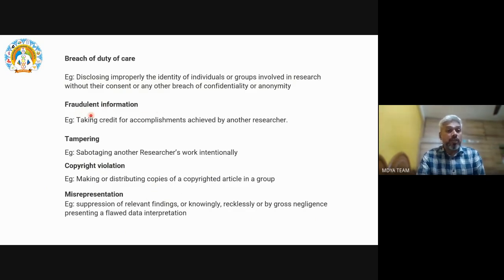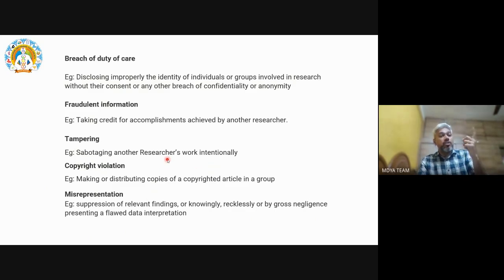Fraudulent information, what is an example of it? Taking credit for an accomplishment achieved by another researcher. If another research has been completed and you are taking the achievements and credit for it, this kind of thing is fraudulent. Tampering: sabotaging another's research work intentionally.